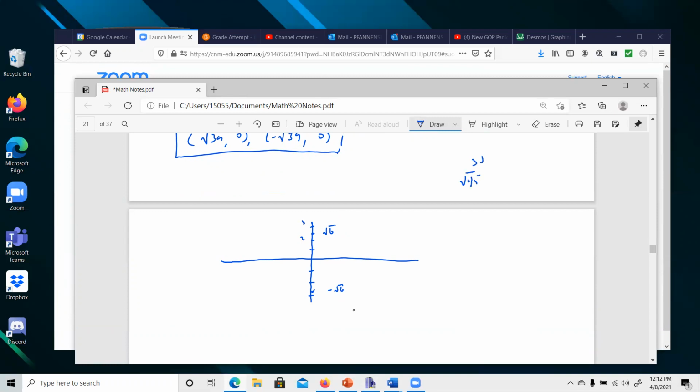I know it's 3 root 5, but that's close to 7, right? Because square root of 49 is going to be 7. So we'll go 1, 2, 3, 4, 5, 6, 7. Okay. So we'll have our points here, point here, point here.